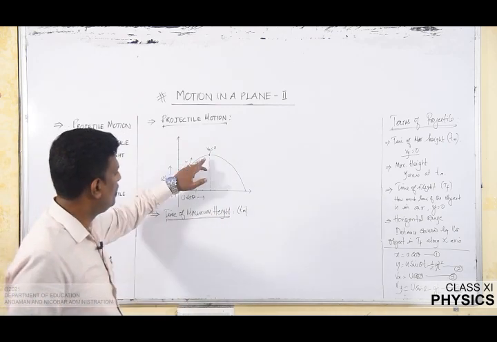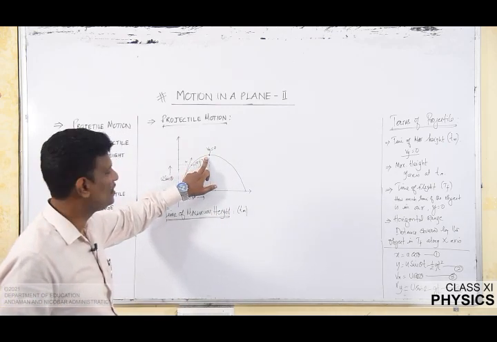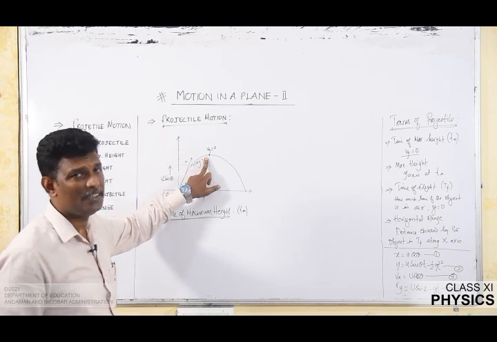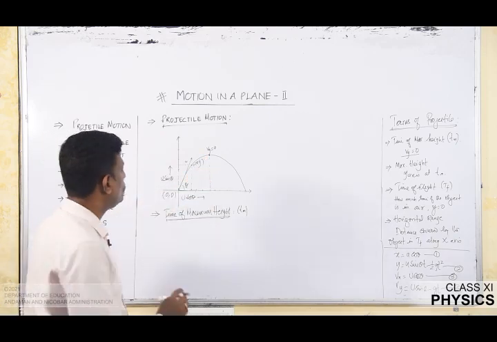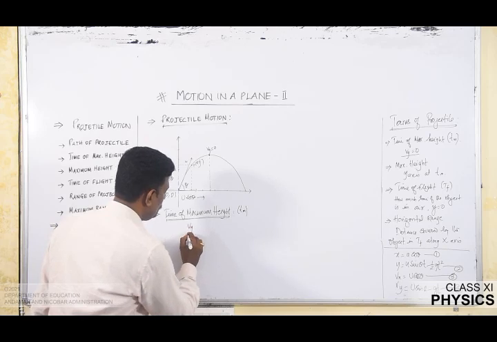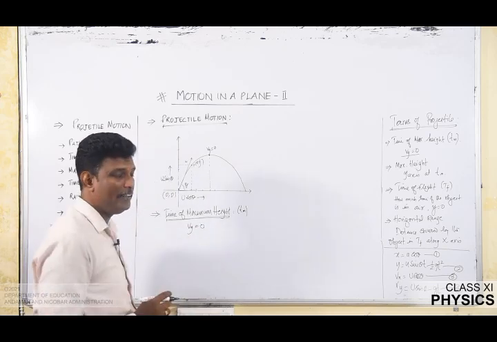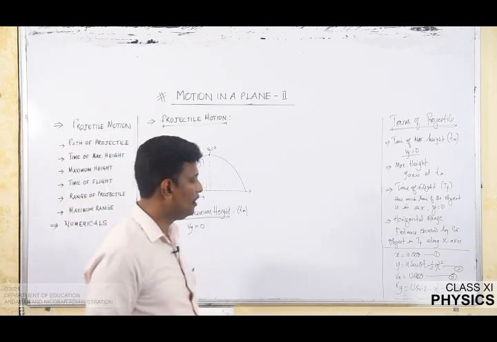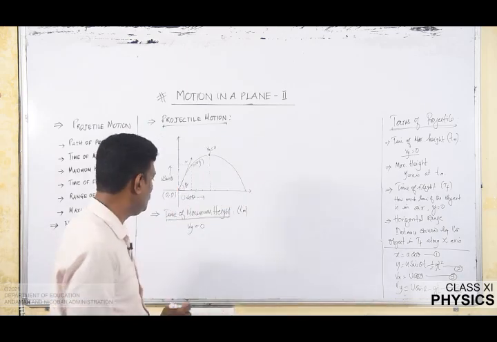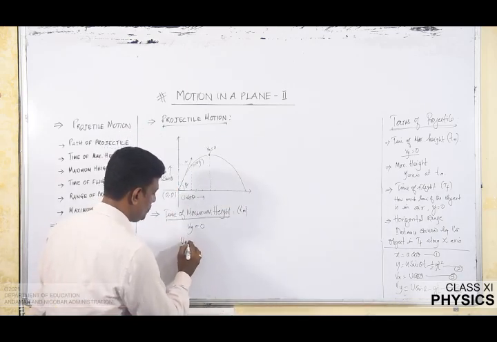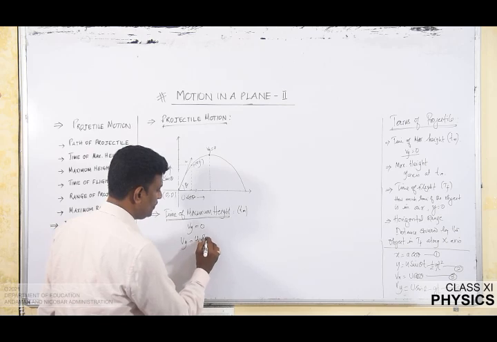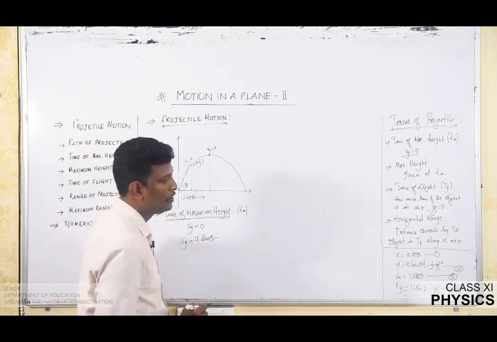That means at this point the object's velocity along y axis is 0. So, Vy is equal to 0 we can take. Already we have got the equation Vy is equal to u sin theta minus gt.